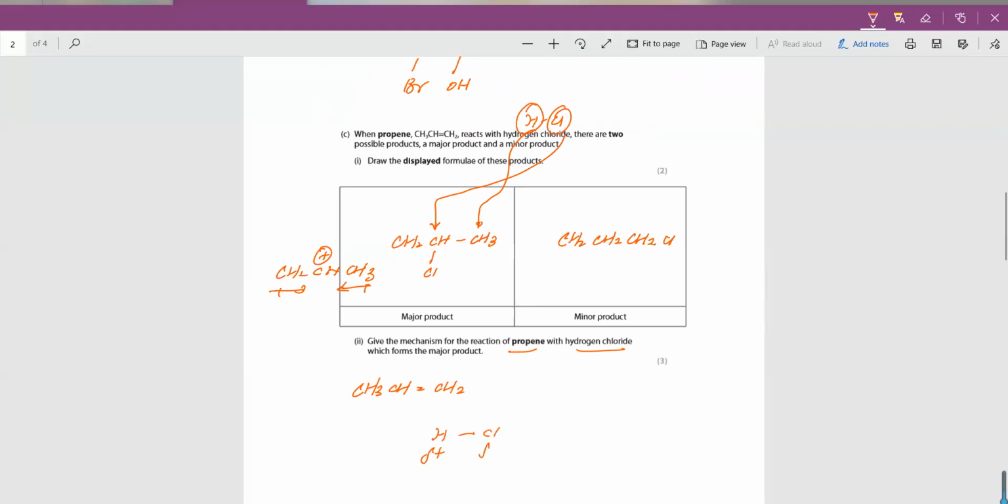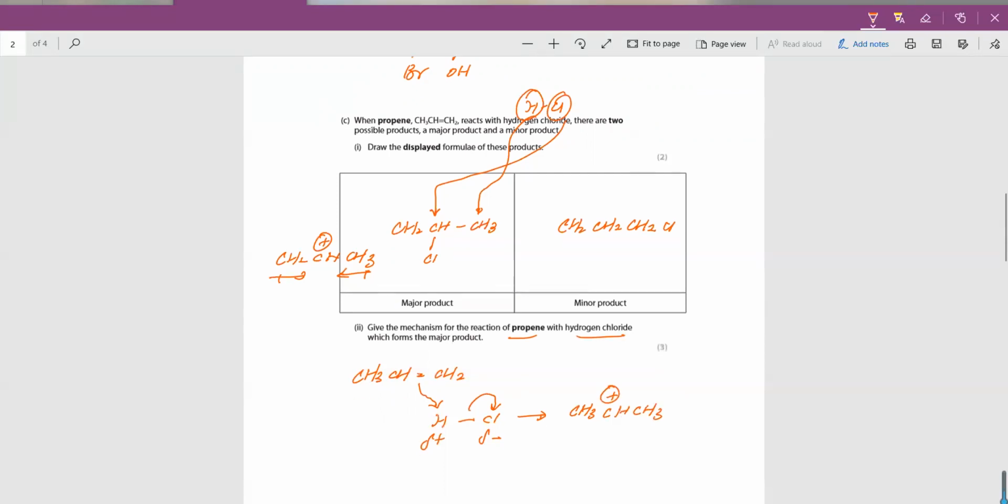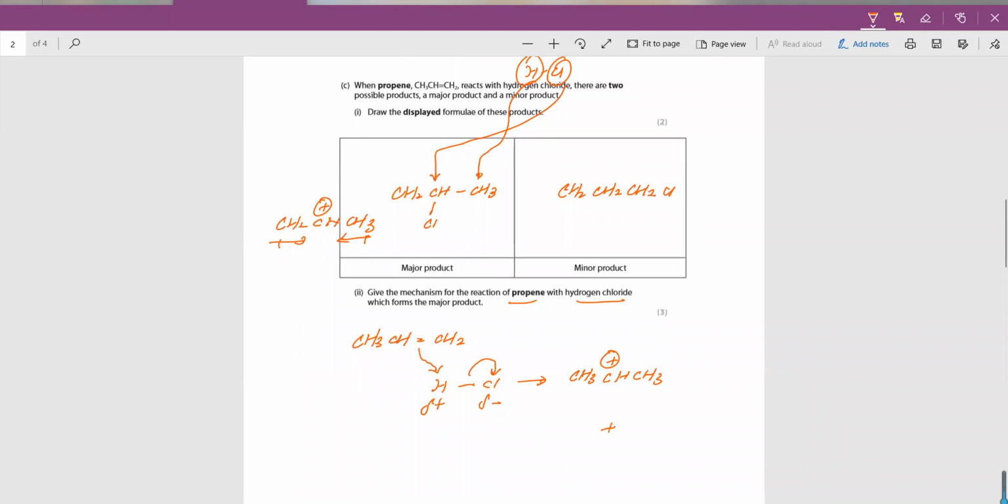Now remember, for the mechanism, put down the partial charges first, and then use the arrows to represent the electron movement. As I said, if you are drawing the mechanism of the major product, this carbocation will be formed together with a chloride ion, and the lone pair of the chloride ion will attack this positive carbon, forming the major product.